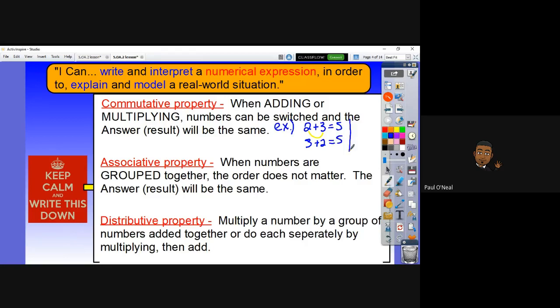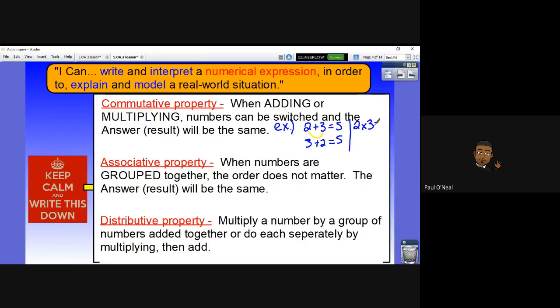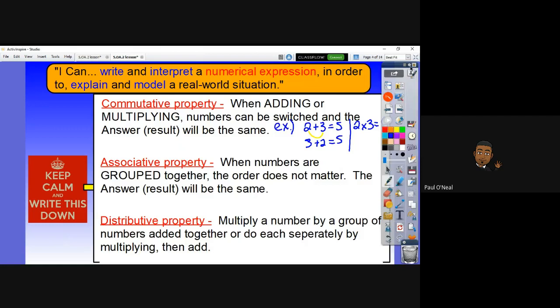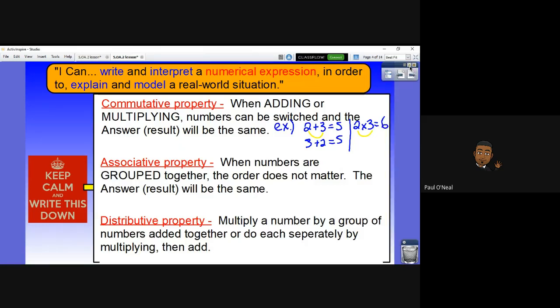Another way of looking at that is multiplication. Now, this also works for multiplying. 2 times 3 equals 6. And if I reverse these two numbers, I would get 3 times 2, which also equals 6.